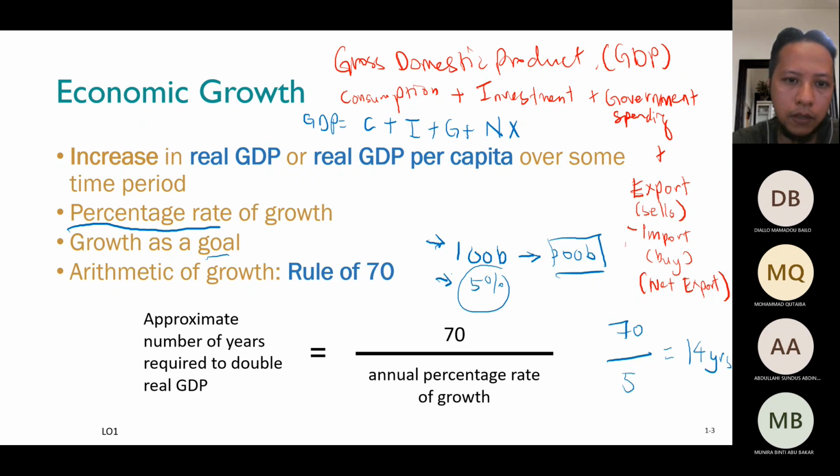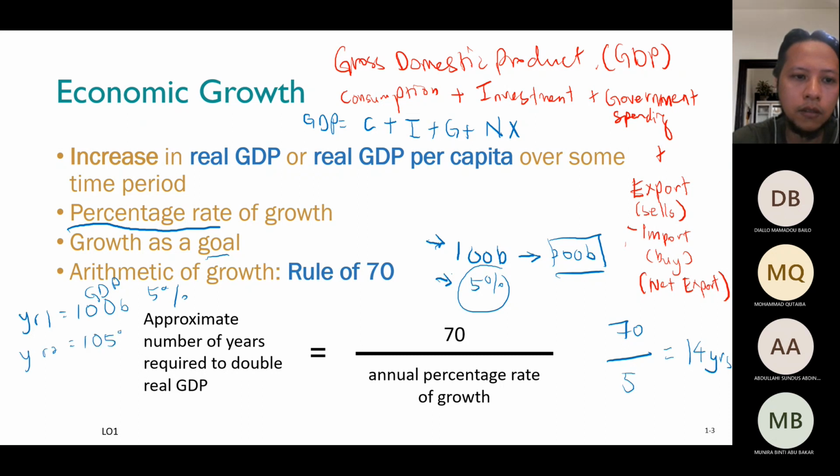If in year 1 your GDP is 100 billion, with a 5% increase in year 2 it would be 105 billion. And then if it's another 5% increase, it's 105 times 105 over 100.